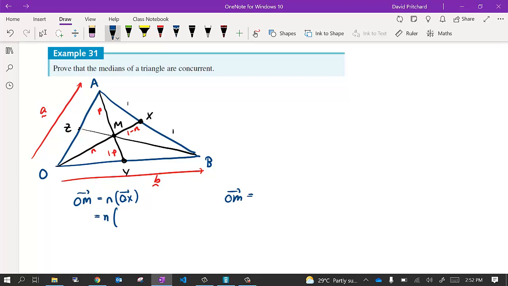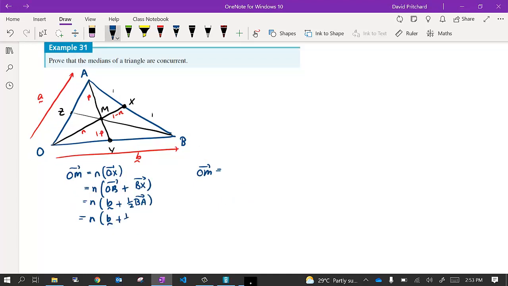So if we go back now, we can say that OX can be OB plus BX. That means we're looking at vector B. Now BX is just going to be 1/2 of BA.